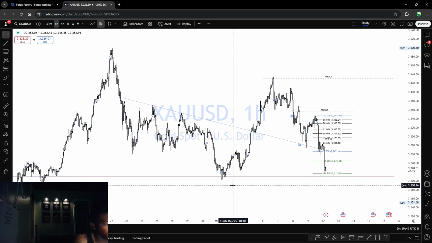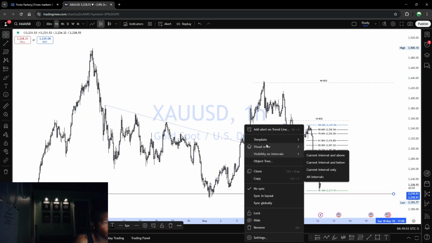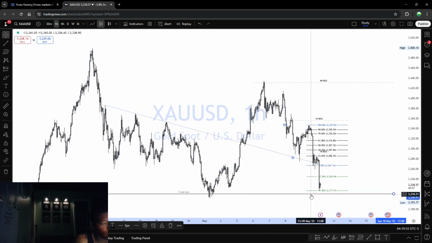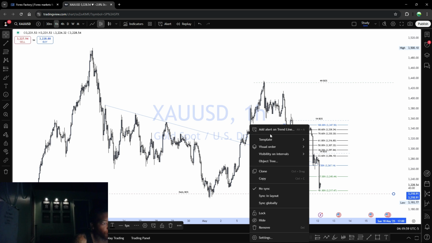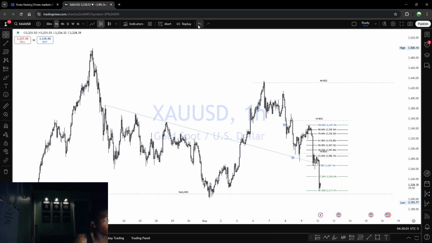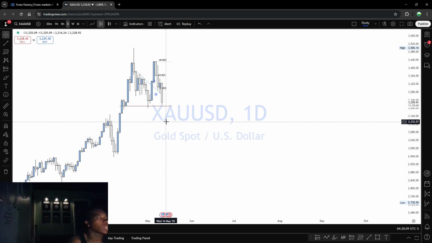Okay. And I usually have this as a daily breaker structure, but I'm gonna leave it at this here. Just because it's a daily breaker structure, we're gonna have to see price close under it on the daily to confirm that.